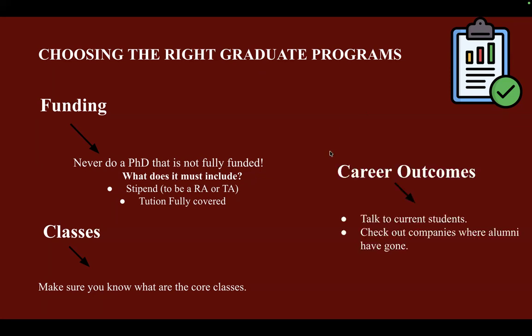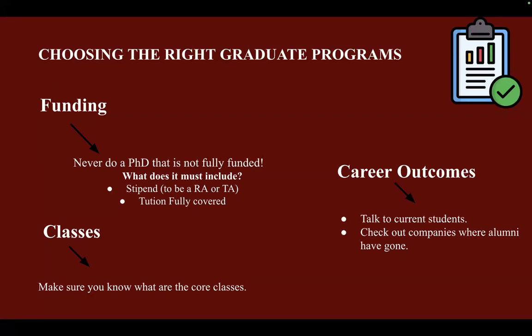So career outcomes, yeah, this is important, but then again, I feel everyone shapes their own career, and it can look very different for different people based on their experiences. This is not very much like undergrad, where it really depends on the school, and it's what you make of your experience. But it's still good to see where the alumni have gone.